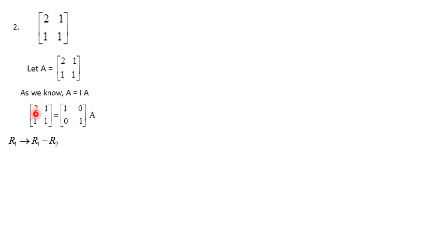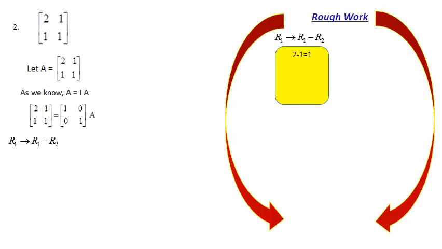R1 is 2, R2 is 1. 2 minus 1 becomes 1. So we will go for the rough work. First one is, as I said before, 2 minus 1 equal to 1. We have to move on to this element, that is 1 will change to 1 minus 1.